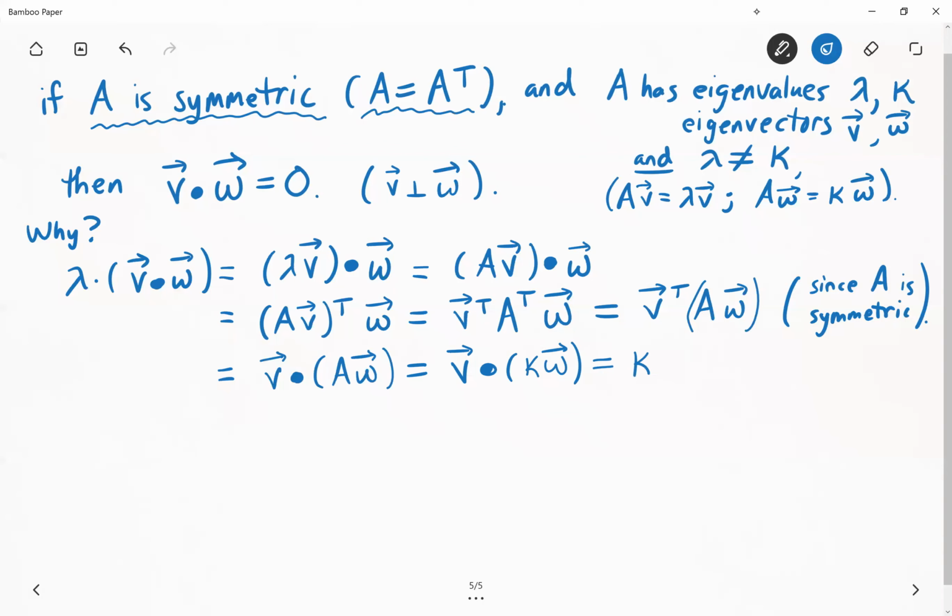So I'm left with kappa times vector V dot vector W. So what do I have here? At the end, putting it all together, I have lambda times V dot W is equal to kappa times V dot W.